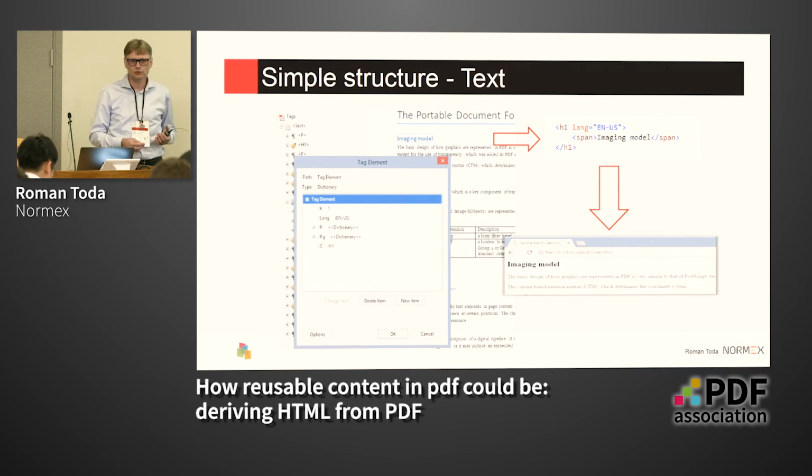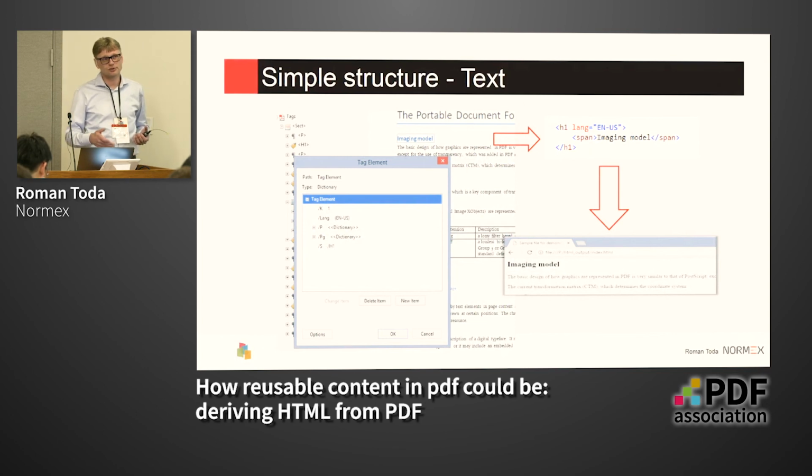When it comes to the tag set, it's a little better in 2.0, I would say. We deprecated a couple of tags or structure elements and introduced a couple of new ones. We also changed the language a little bit. The nesting table I showed is something that wasn't there in 1.7, so we are more precise in 2.0. There are other things like namespaces, which are new in 2.0.